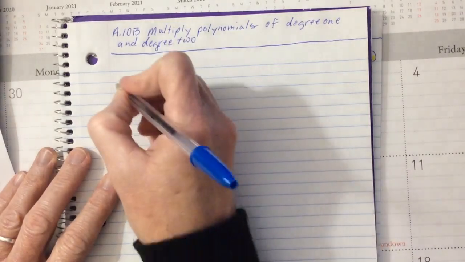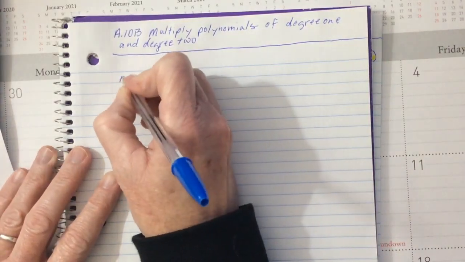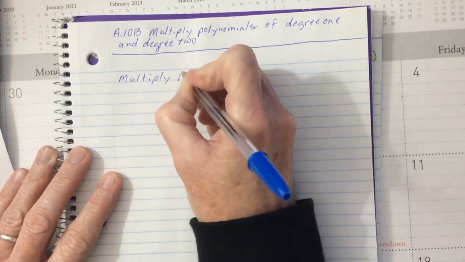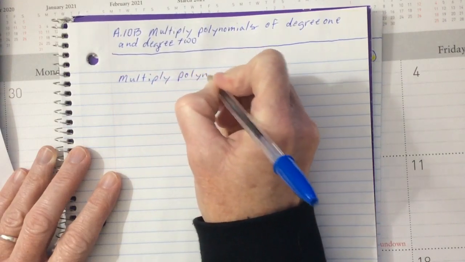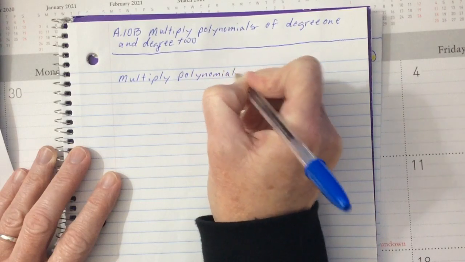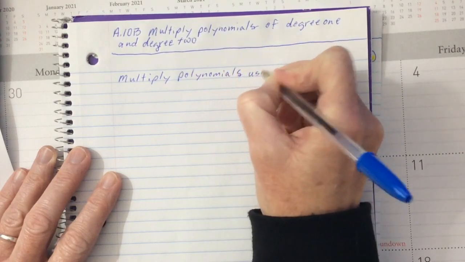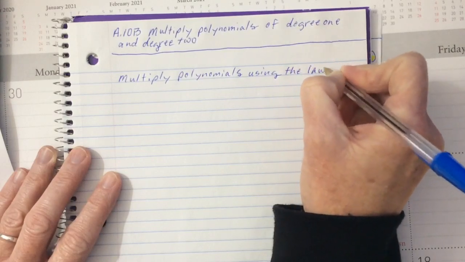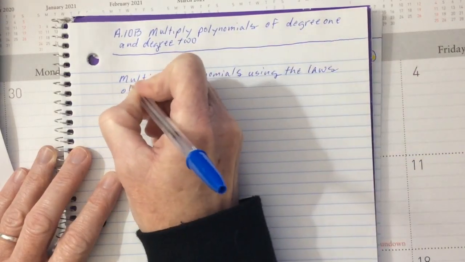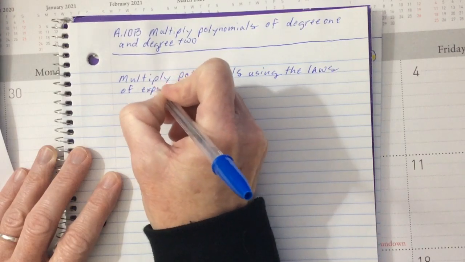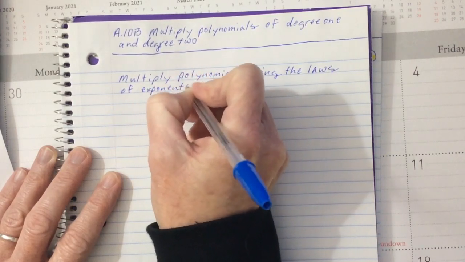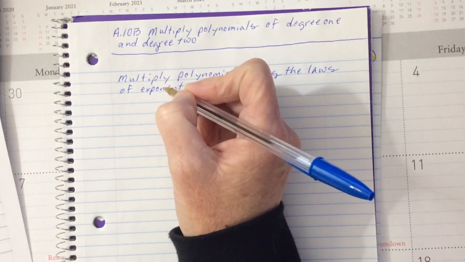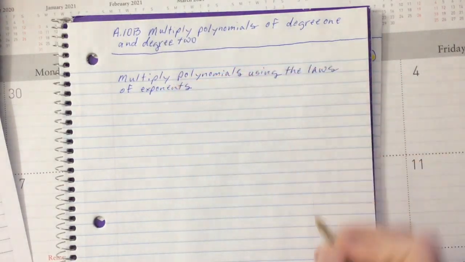We are going to multiply polynomials using the laws of exponents. And that is what we learned in our last unit 5, laws of exponents.